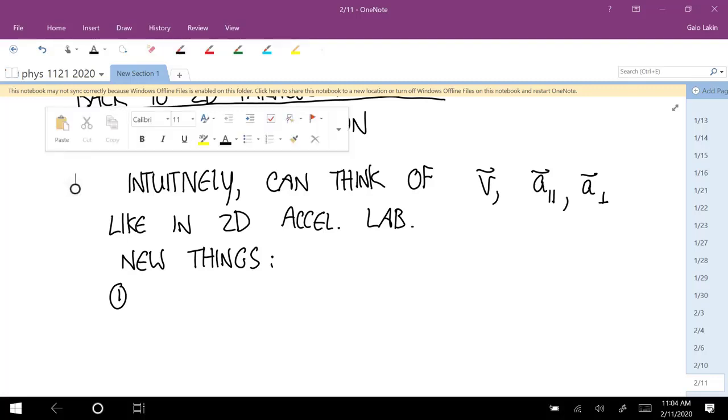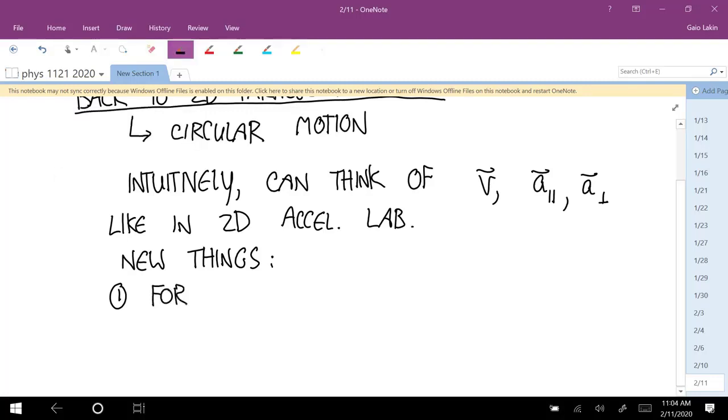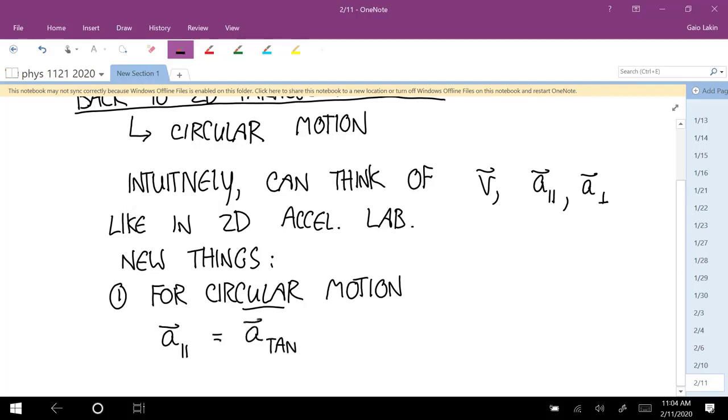So for circular motion, so we're not going to do this for other paths that objects can follow, but for circular motion, what we have been calling the parallel part of the acceleration, the part that's parallel to the velocity vector, I'm going to denote it a tan, and I'm going to call it the tangential acceleration.